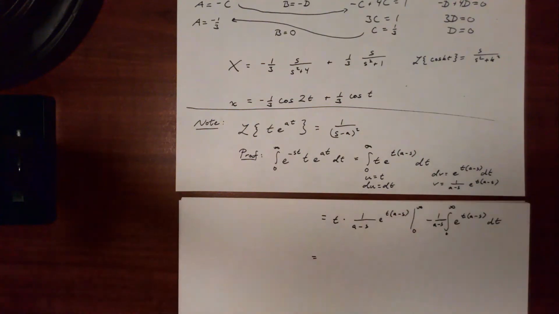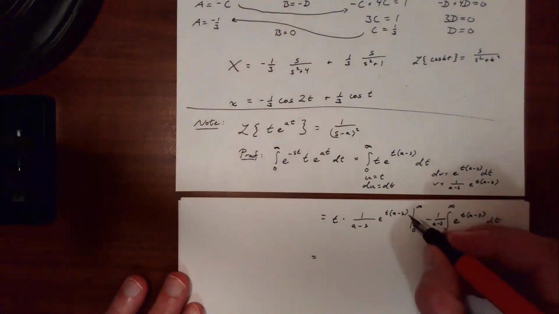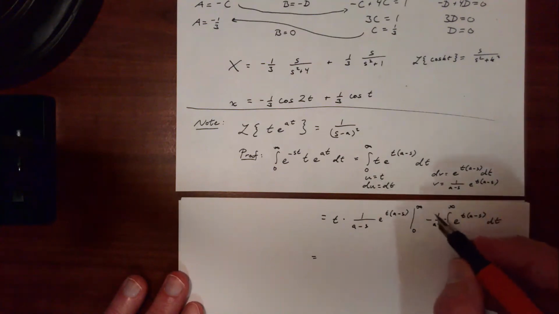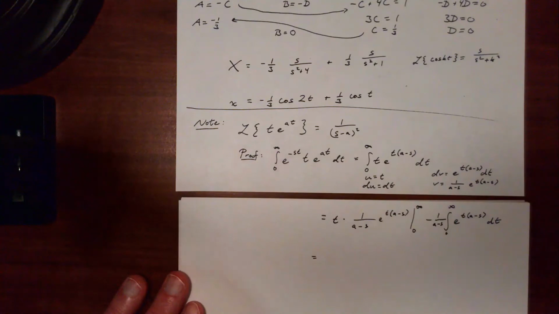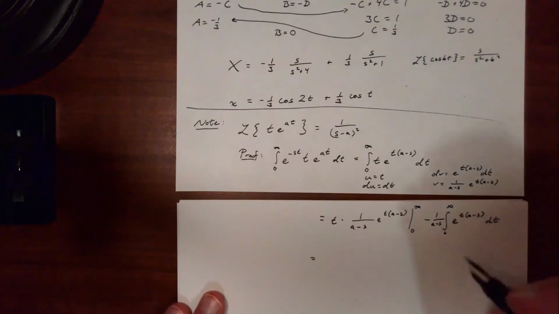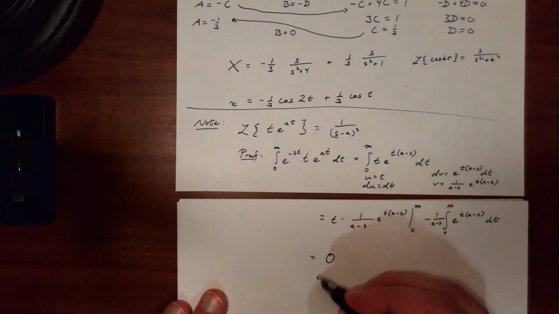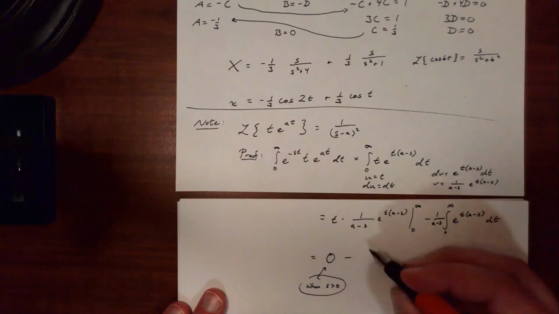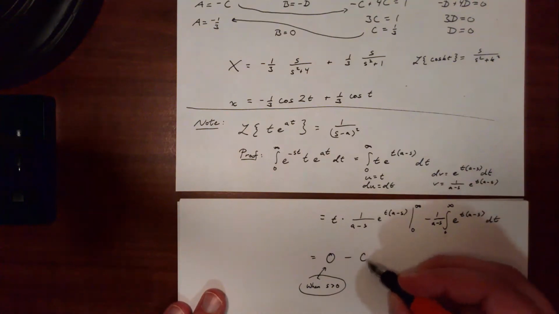Alright, so now when we plug in the 0 and we plug in the infinity, we have once again the situation that leads to it equaling 0 when we plug in the infinity, and that's whenever s is greater than a. So this equals 0 when s is greater than a, minus, and then when we plug in 0, it's going to be another 0.